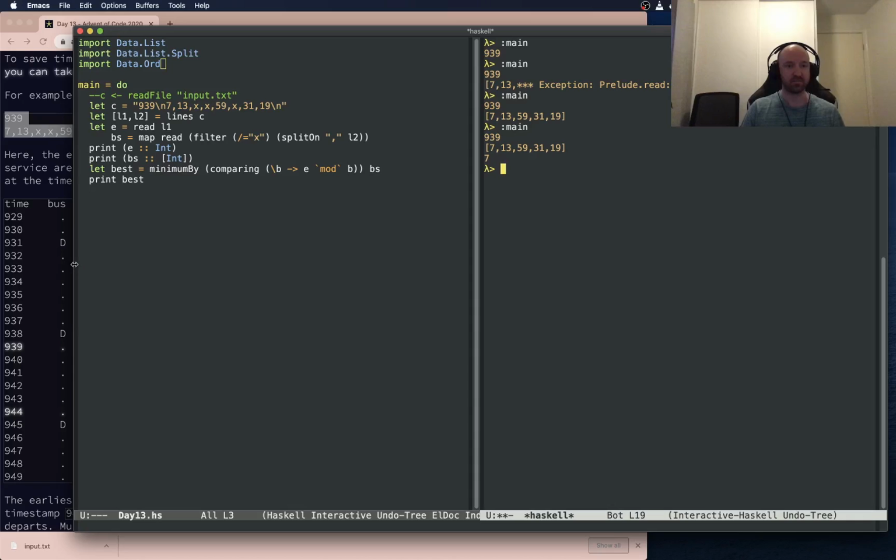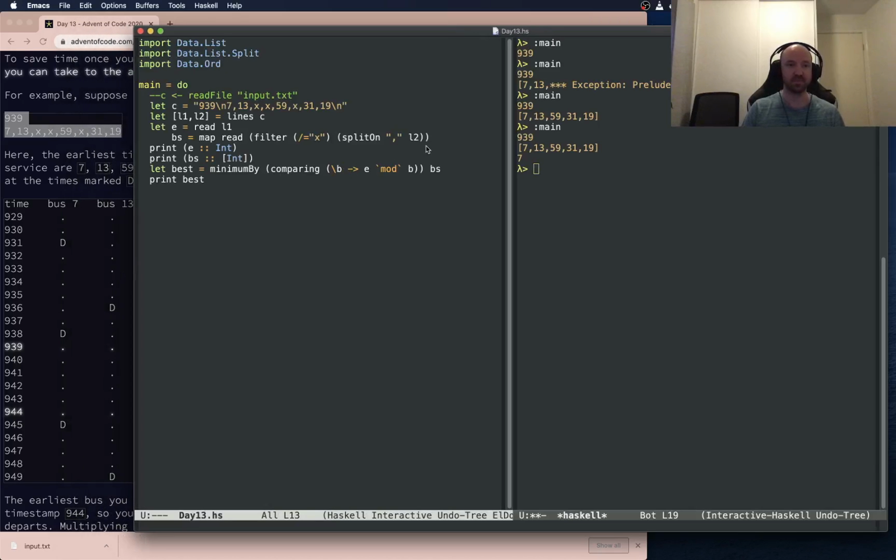If we imagine a bus, I want this function to return 0 when we're dead on, otherwise the next one up. So I think we need to calculate, let's think about this. So let's just calculate if we're on bus B and we need the value to be E or greater, that would be equal to... so I'm trying to calculate what's the time that I could catch bus B if I wanted to.